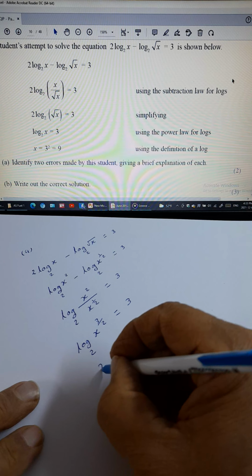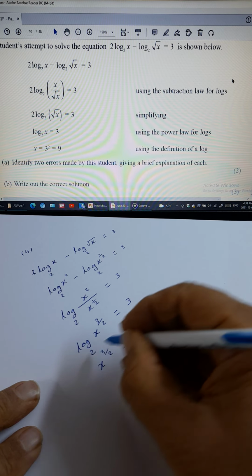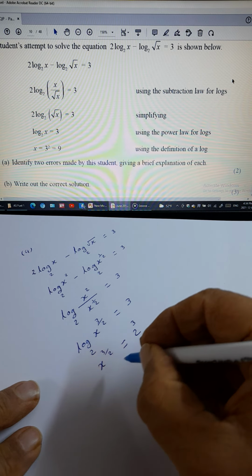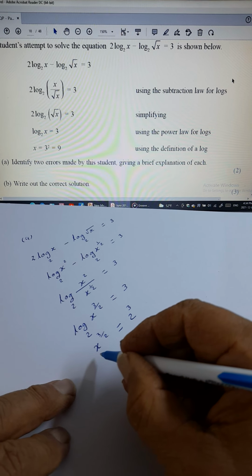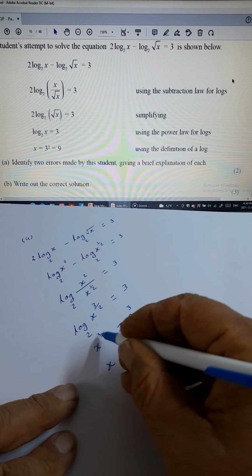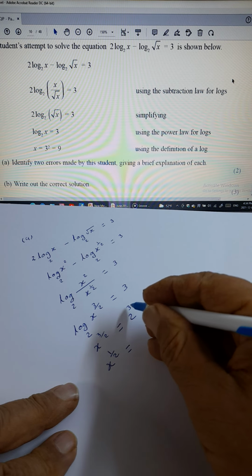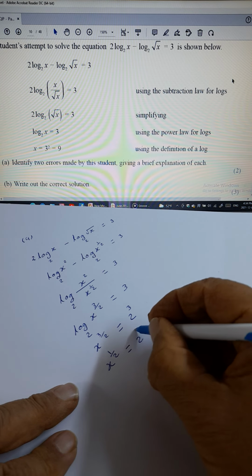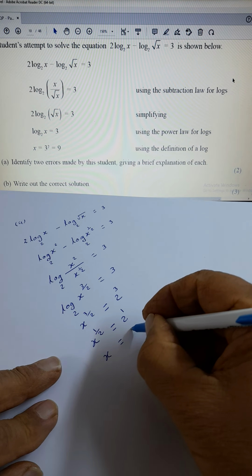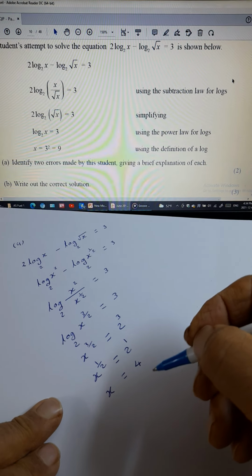This means that x to power 3 over 2 equals the base 2 to the power 3. So by taking the cube root of both sides, the cube root of x to 3 over 2 is x to half, and the cube root of 2 to 3 is 2 to power 1. So by squaring both sides, x equals 4. So this is the right solution.